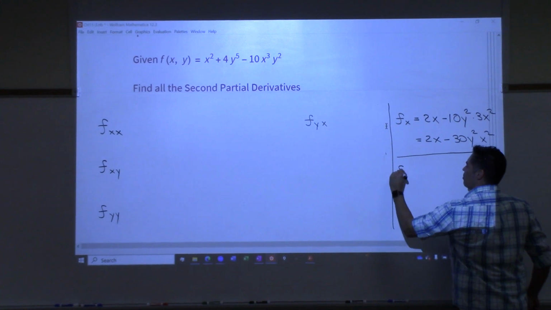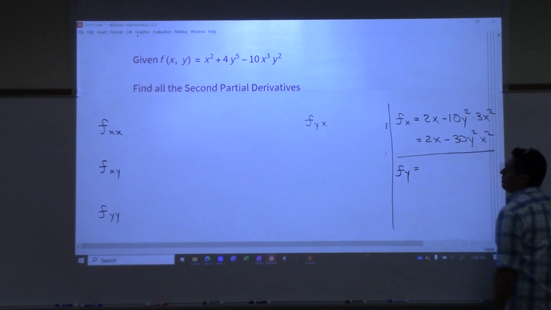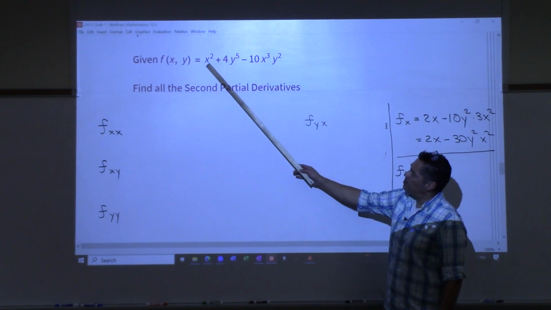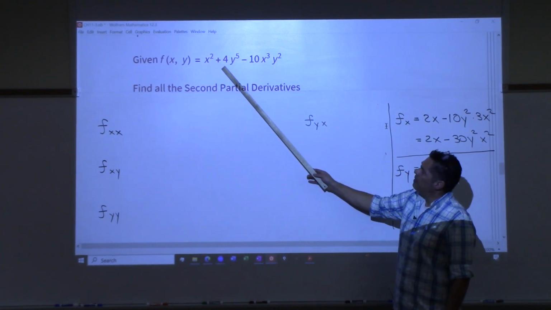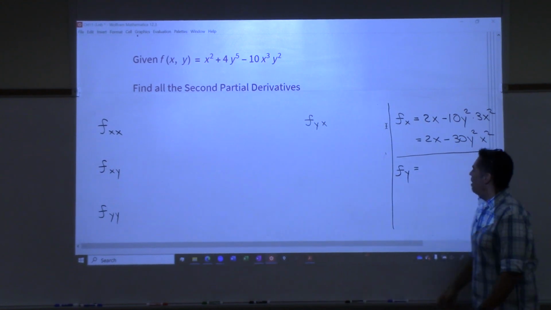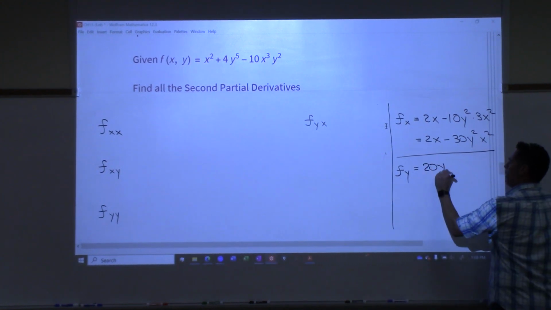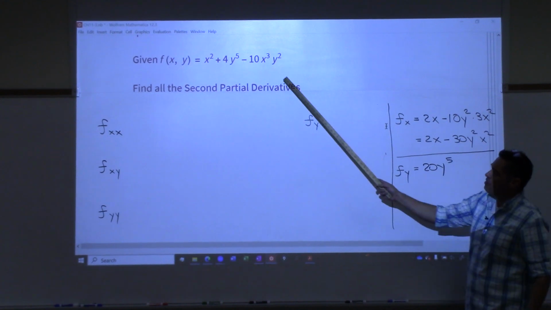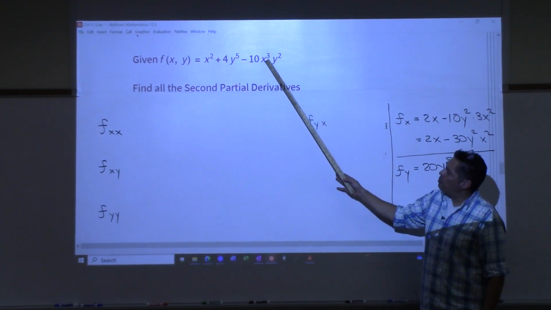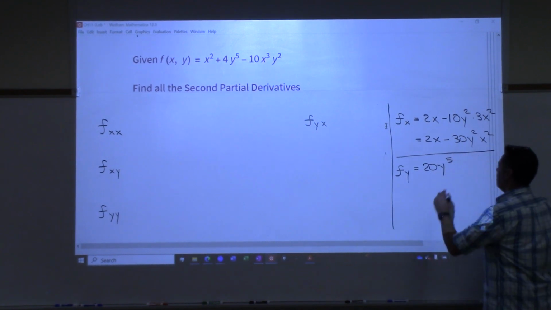Let's now get the partial with respect to y. If we do the partial with respect to y, treating x like the constant now, that goes to 0 when I take the derivative. On this term now, I have to do the power rule. So that's going to be 20y to the 4th. And now on this last term, it's kind of a reverse of what we just did. The x cubed is our constant, so we're going to just attach it to the negative 10.